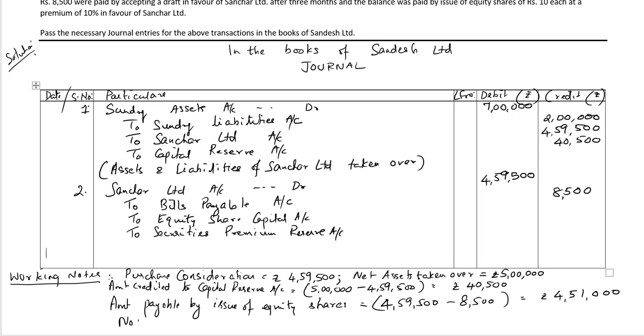Number of equity shares issued is equal to the amount payable by issue of equity shares, which is 4,51,000 rupees, divided by the issue price of the equity share. The face value is rupees 10 and it's issued at a premium of 10%. Hence the issue price is rupees 11.